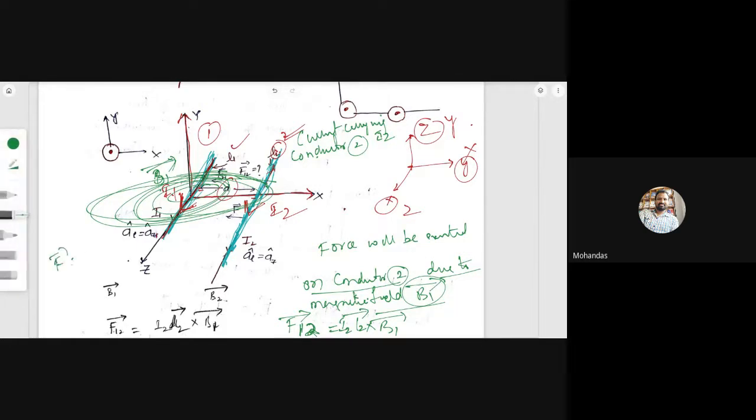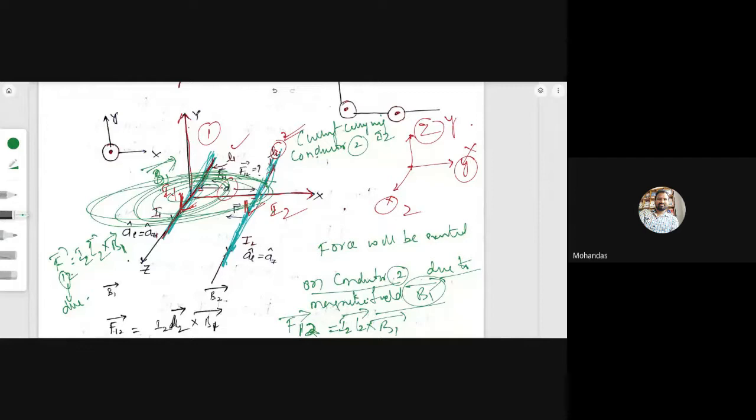F equal to I into L cross B. F12 means force due to conductor 1, the 1 indicates 'due to'. Force due to conductor 1 means magnetic field B1, on conductor 2, which carries the current I2 and has length L2. So that is called F12.